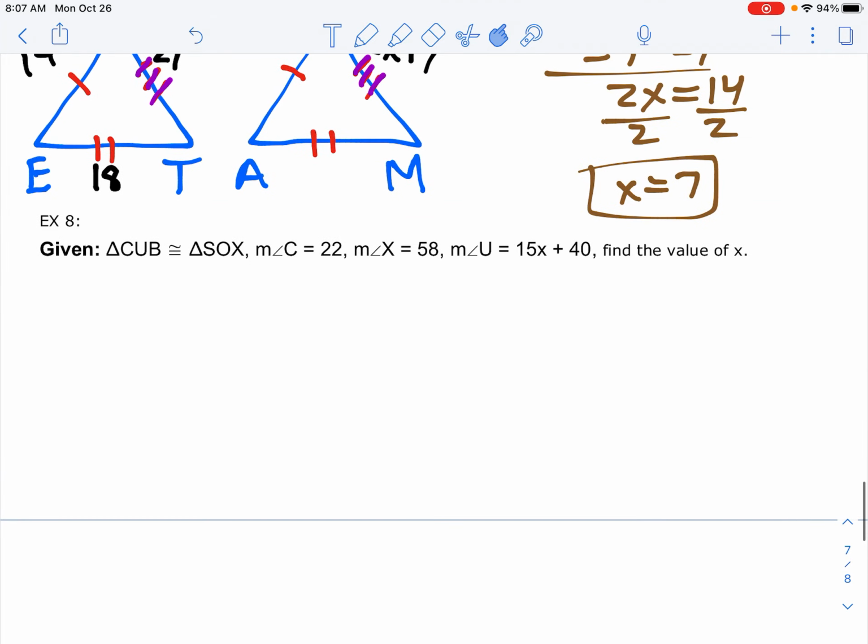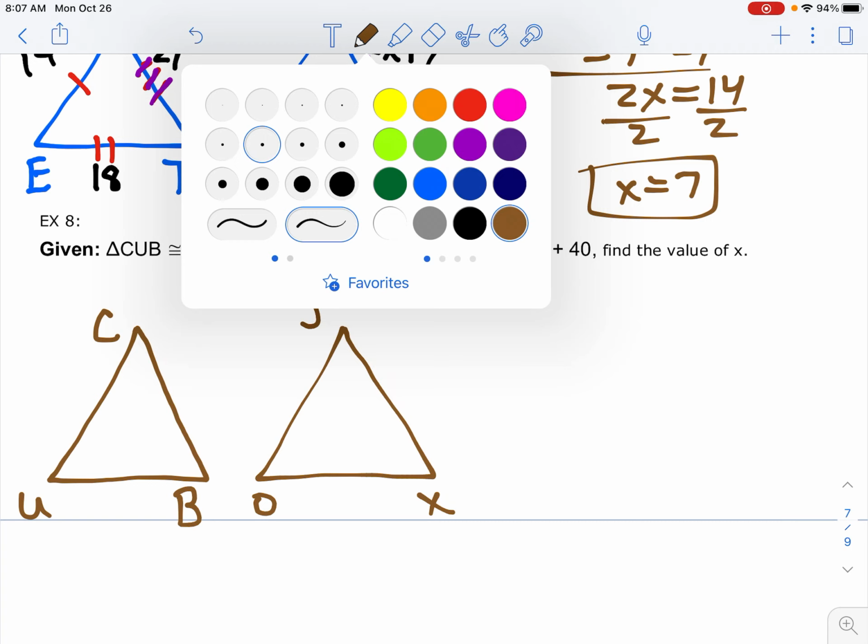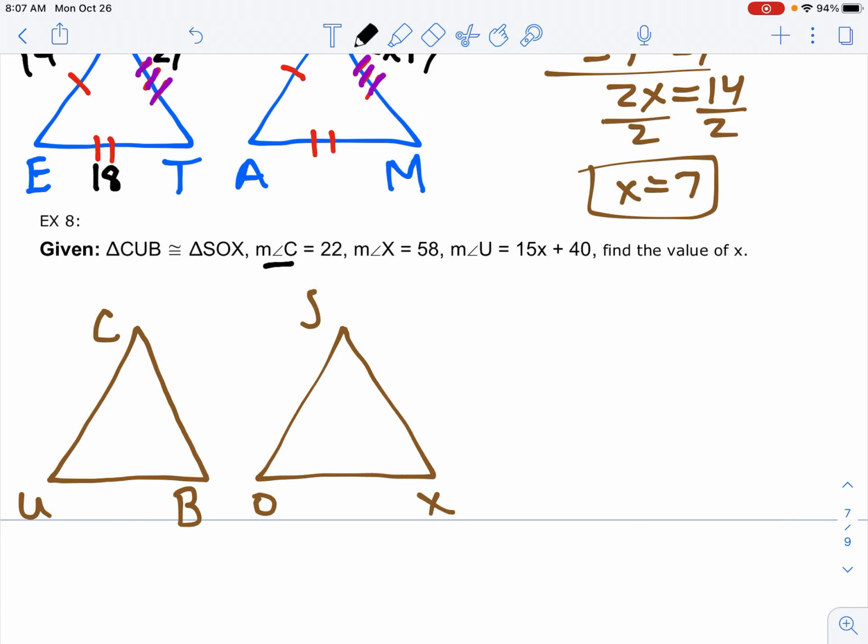And let's look at an example where we're going to look at angles this time. So triangle CUB is congruent to triangle SOX. I'm going to label my first triangle and my second triangle in the same pattern so that it matches up. All right, now I notice this picture is talking angles, so I'm going to mark angles.